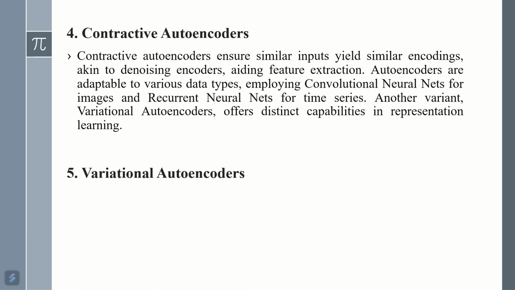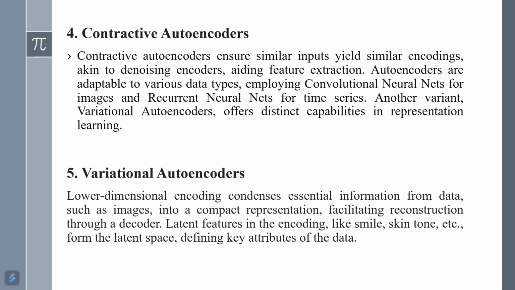So contractive autoencoders are like attentive note takers who ensure that similar inputs lead to similar notes. Just like how denoising encoders clean up noisy images to aid feature extraction. Imagine you are taking notes in class and you want to make sure you capture the main ideas accurately. Contractive autoencoders do something similar.